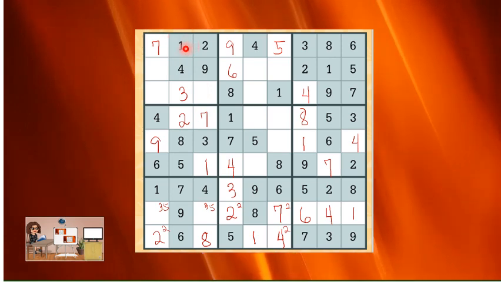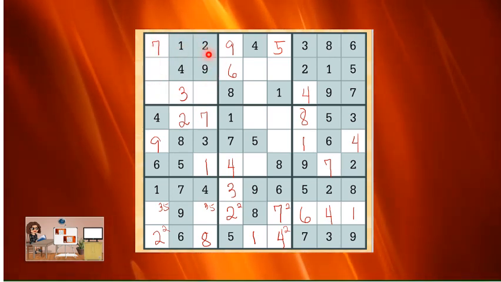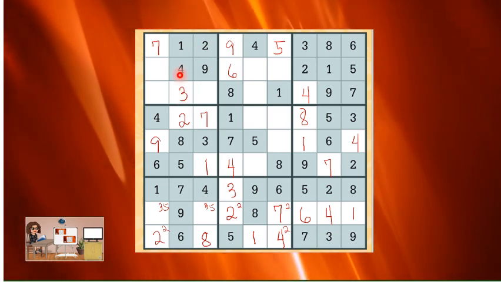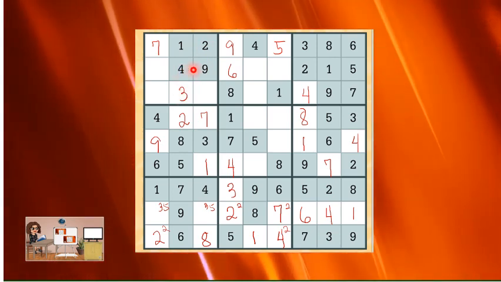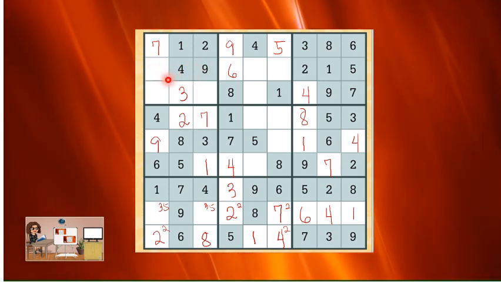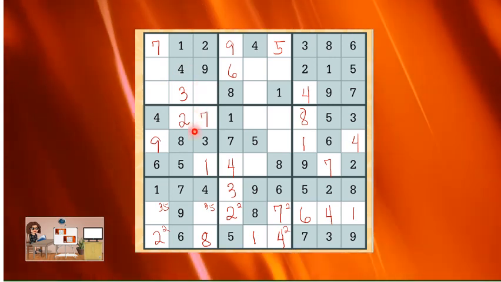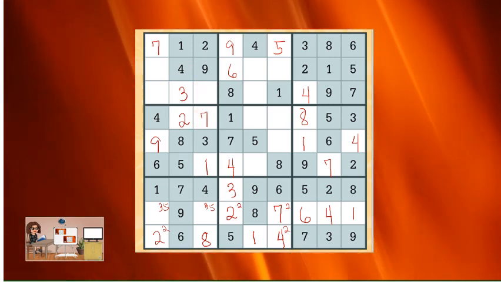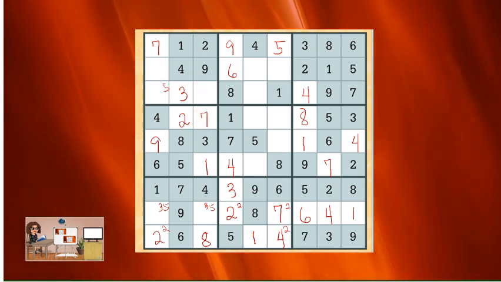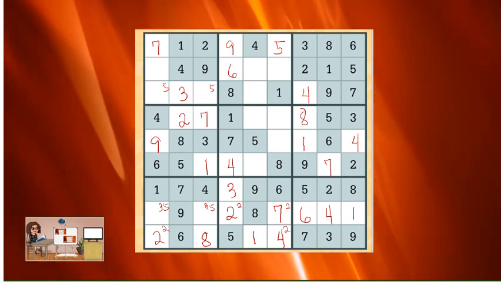Next, on this block, we have the given 1, 2, 3, 4. 5 is missing. But we cannot write 5 here. And the only possible cells to write 5 are in these cells. So we write the possible numbers. 5. Then, 6 is also missing.